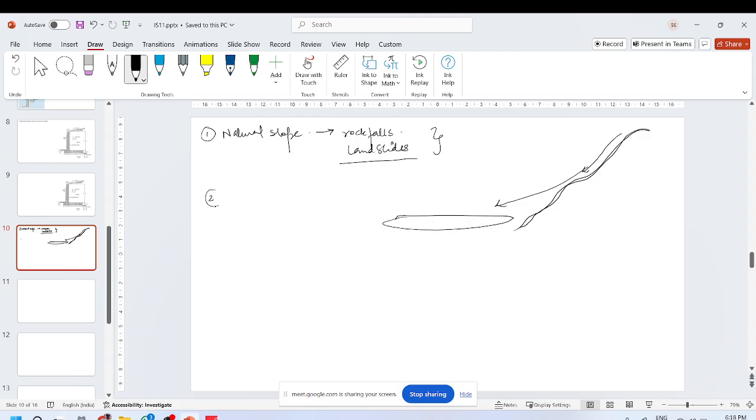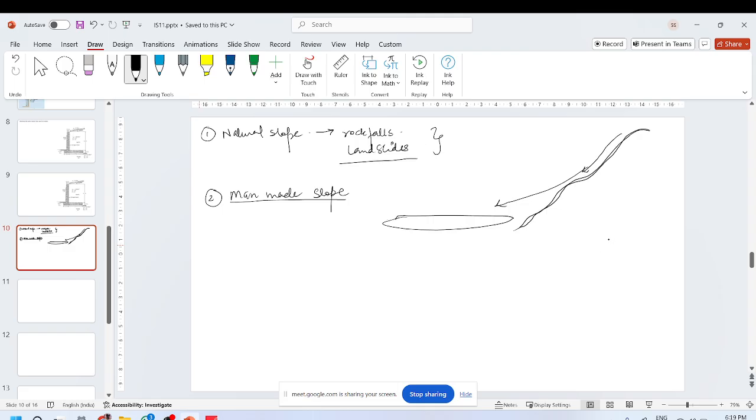The other thing is a man-made slope. For example, as I said, this is a vertical cut. You'll also study this in stability, like in retaining walls.